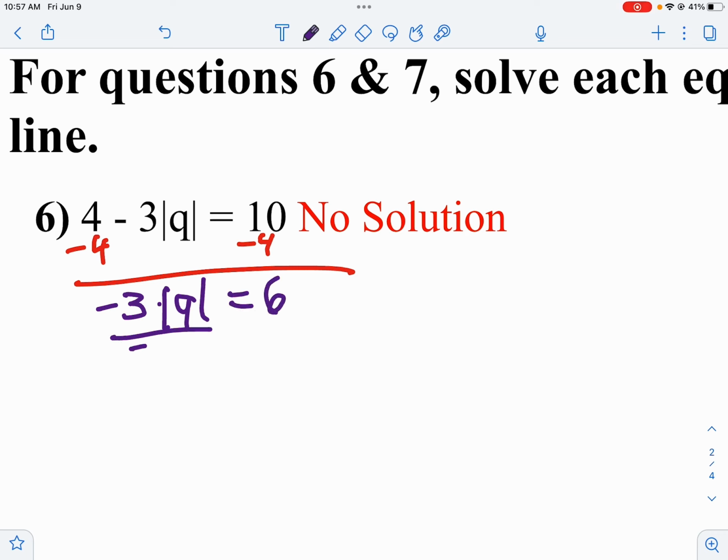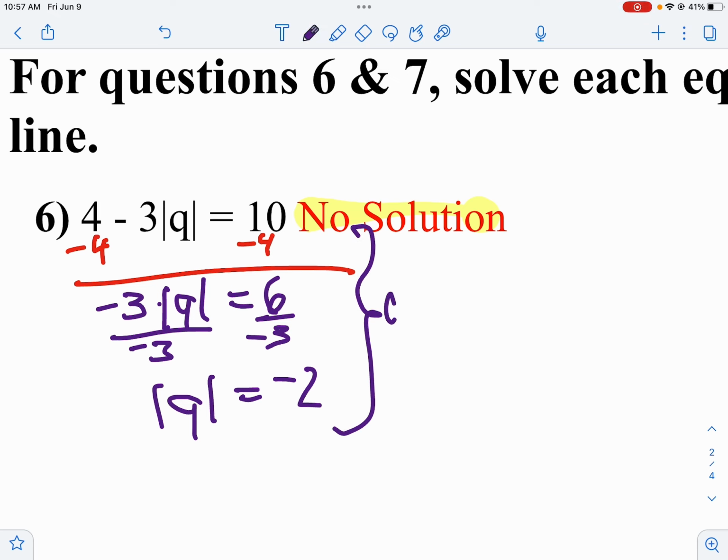Now we'll divide both sides by negative 3. And we get the absolute value of q equals negative 2. However, absolute value cannot be negative, so therefore there should be no solution. You can't tell there's no solution without showing your work. You need to show your work on this problem.